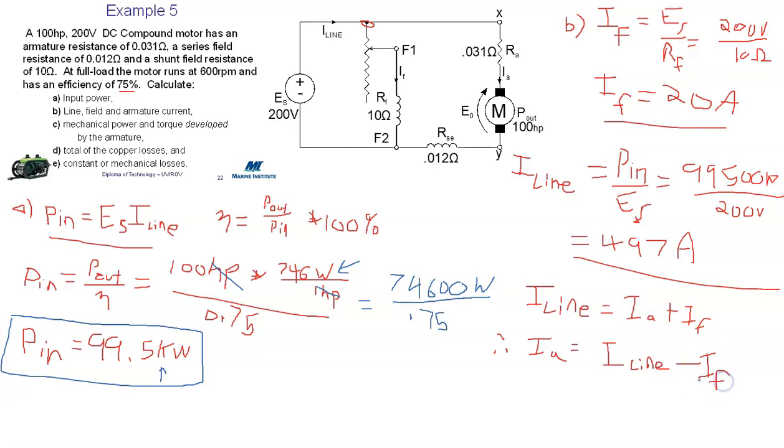Again, I line has to be the biggest current. It divides into IA and IF. We have 497 amps, subtract the 20 amps that went into the field circuit, and IA then has a value of 477 amps. Any questions about that so far?